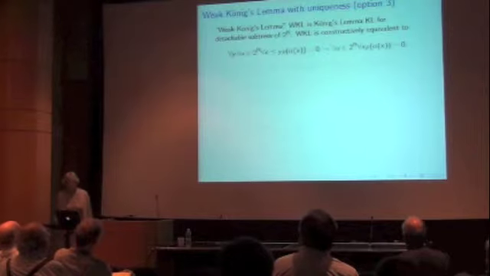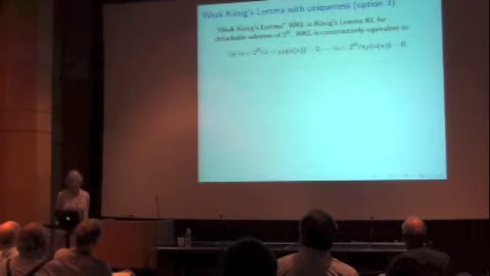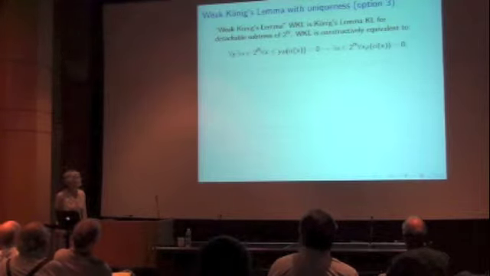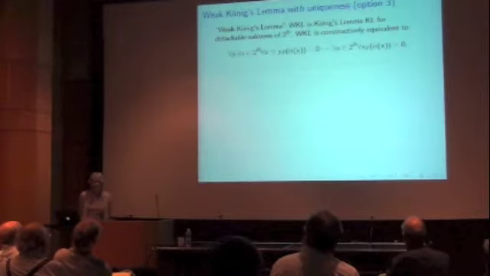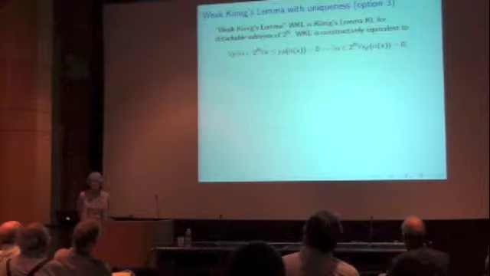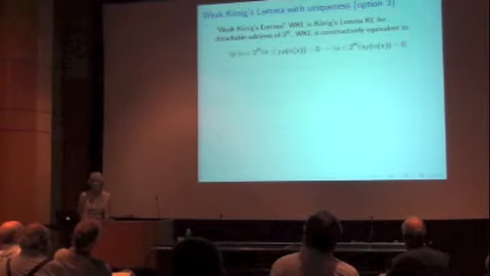So now, weak Koenig's lemma with uniqueness. Weak Koenig's lemma is Koenig's lemma for detachable subtrees of 2 to the n, and is constructively equivalent to this. I can say that because a detachable subtree will have a characteristic function, right? So for every y, there's an alpha in 2 to the n such that for every x less than or equal to y, rho of alpha bar of x equals 0.